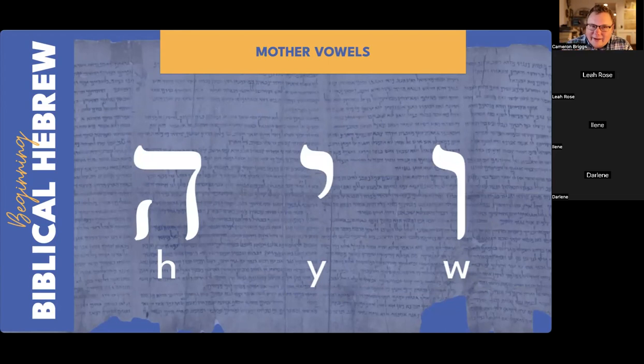So as we go back and take a look at our first lesson together, we talked about how ancient Hebrew was written, right? Before the Masoretes came along, we have the Torah scrolls, we have the Isaiah scrolls. Anything that's super ancient, there are no vowels. And so as we're looking at pages and scrolls full of consonants, there are three that are called the mother vowels.